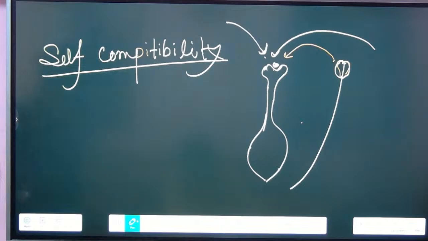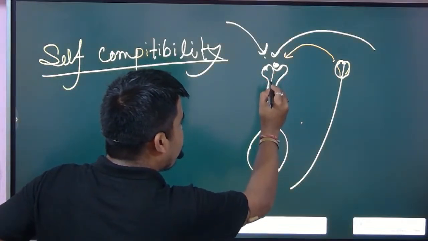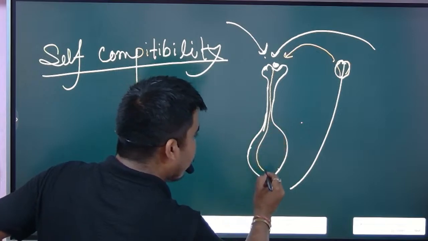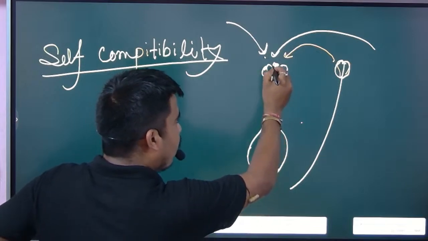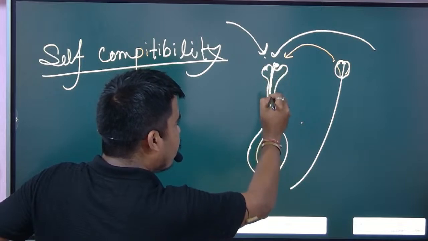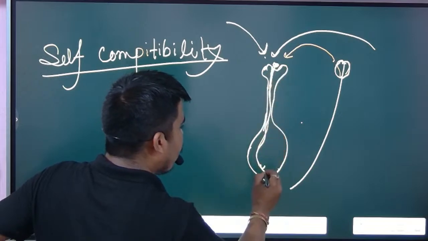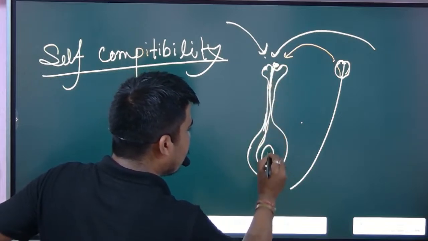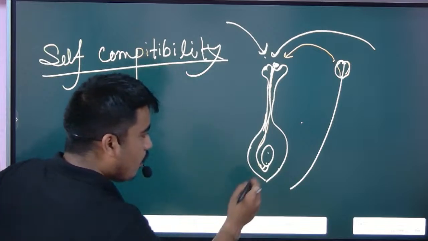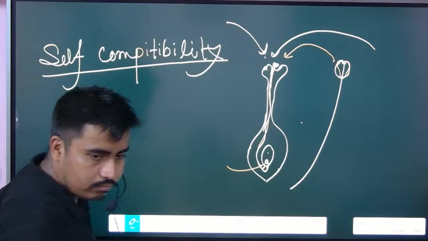So if there is no self-compatibility, what will happen? It will create something abnormal, and it will create a pollen tube. By this pollen tube, the pollen will come in contact with the egg, and then the zygote will not be formed.